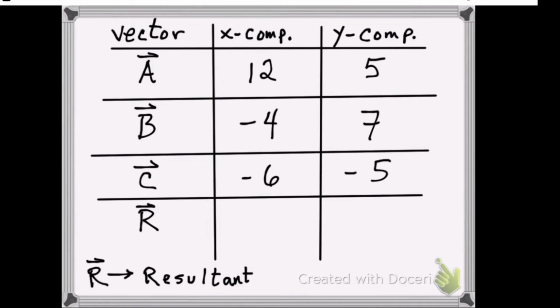So to get the resultant, what we do is we just add these together in each column. Negative 6 plus negative 4 is negative 10, and negative 10 plus positive 12 is equal to 2. So that's the x component of the resultant vector. And by the way, when you add 3 vectors together, you get a vector, which is good to know.